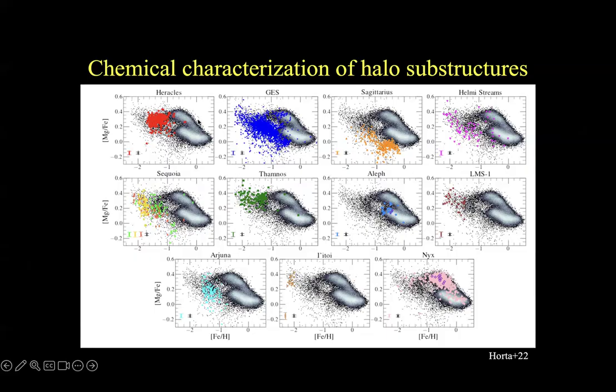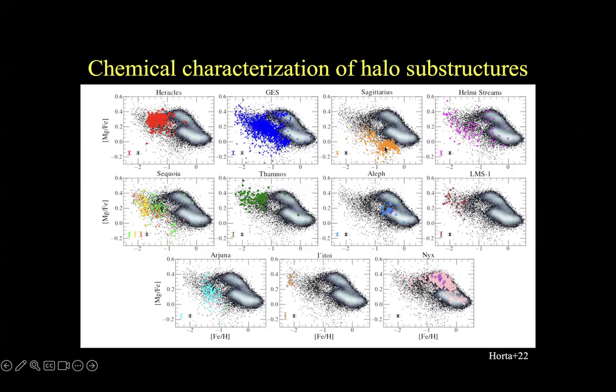Now, in the background you have the alpha bimodality, which is the double sequence at fixed metallicity that the Milky Way disk exhibits, but I won't go into that. I'll just focus on the halo populations here. It's interesting to see that some populations show a sort of plateau that then truncates. Some show a knee going down, like the Gaia-Enceladus-Sausage.